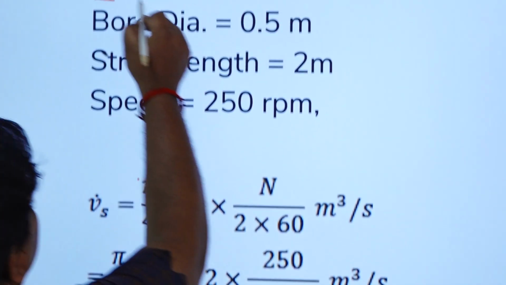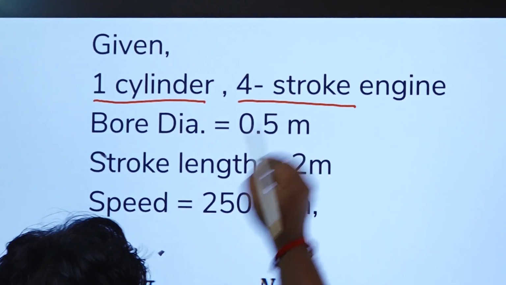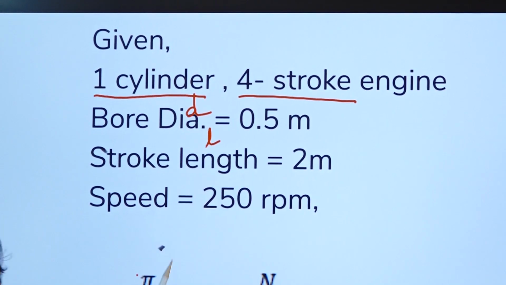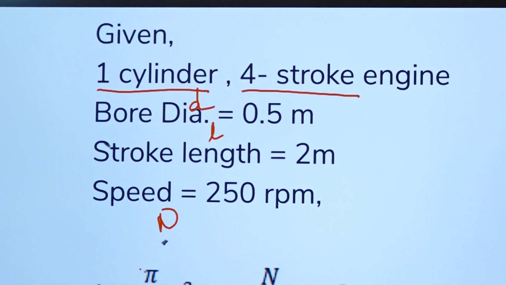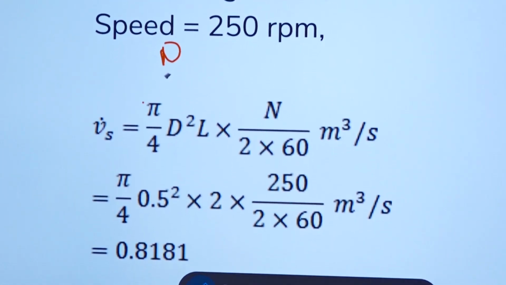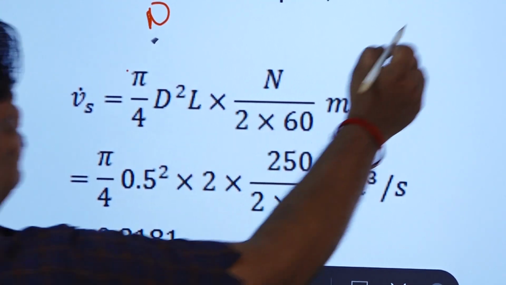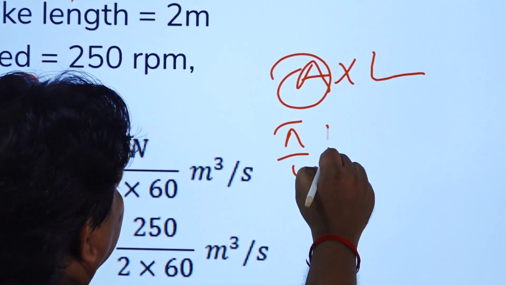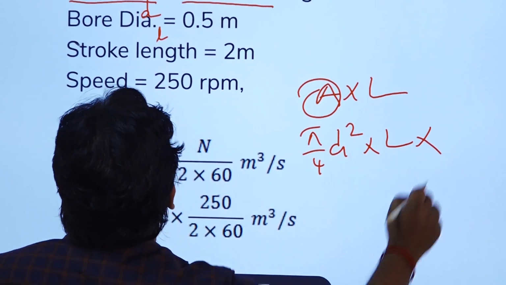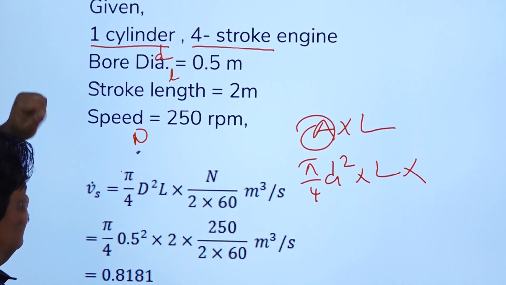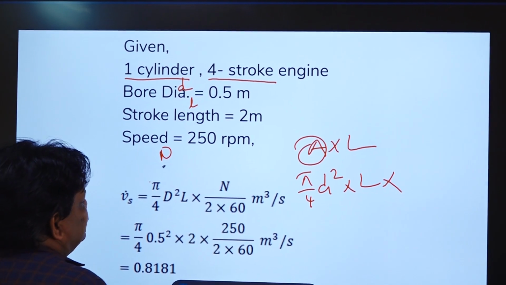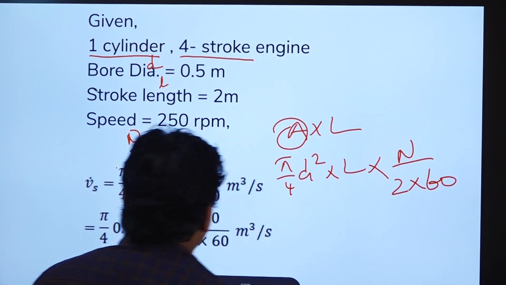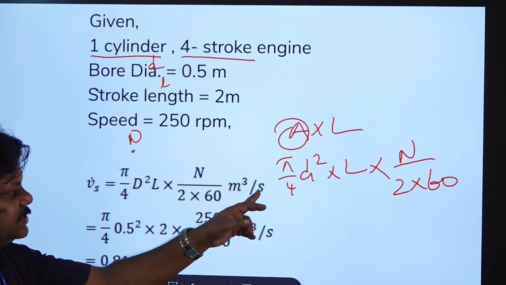The cylinder is a single cylinder and it is a 4-stroke engine. D is given, L is given, and N is given. Use the formula for stroke volume: pi by 4 D square, that is the area, into L. Since it is a single cylinder 4-stroke engine, multiply by N by 2, and divide by 60 for the conversion to seconds.